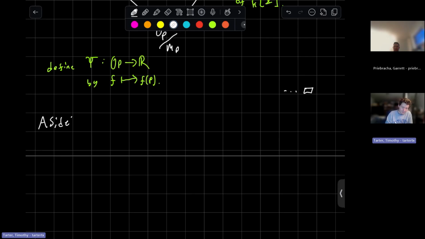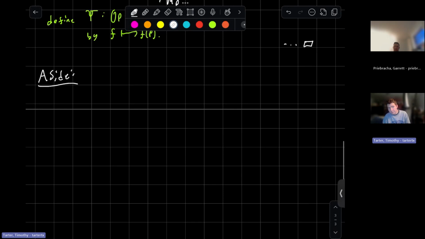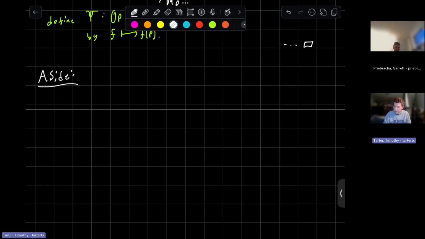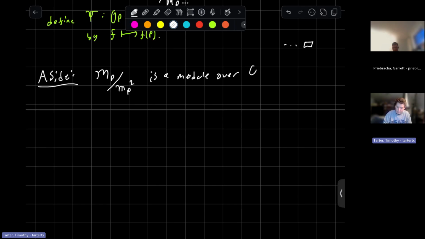There's a very important aside here that I wish Hartshorne had had an equivalent of in his book: the maximal ideal at P mod the maximal ideal at P squared is a module over the residue field of O_P mod the maximal ideal at P. In this case, it's the reals.